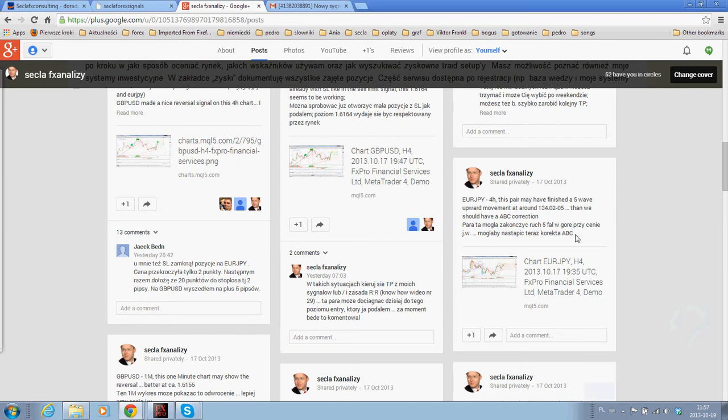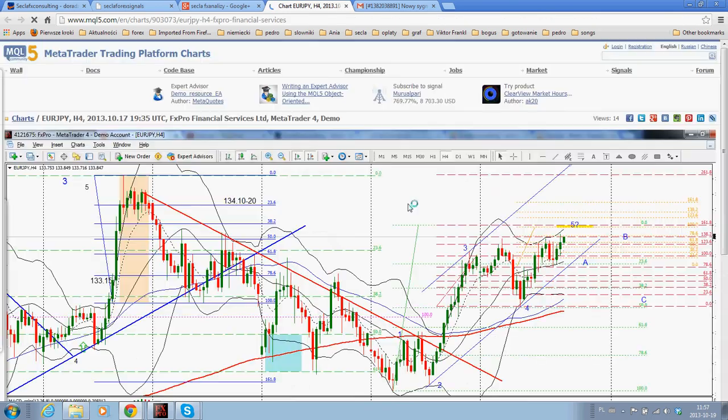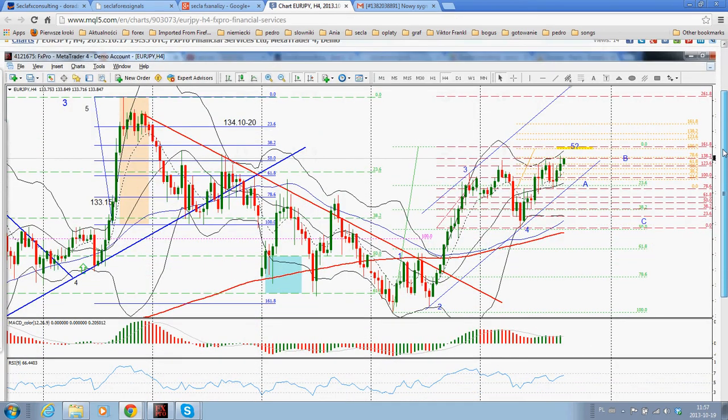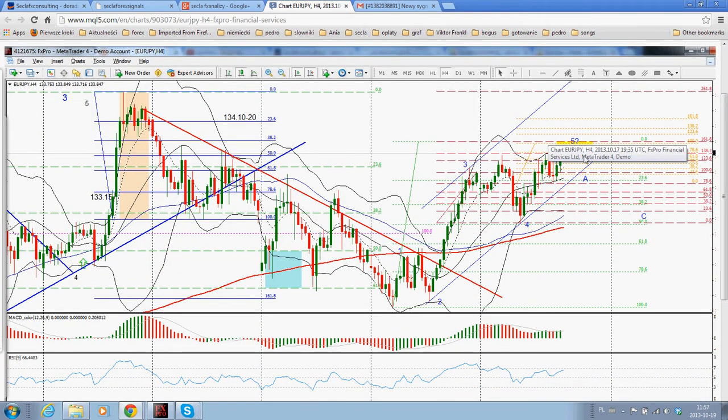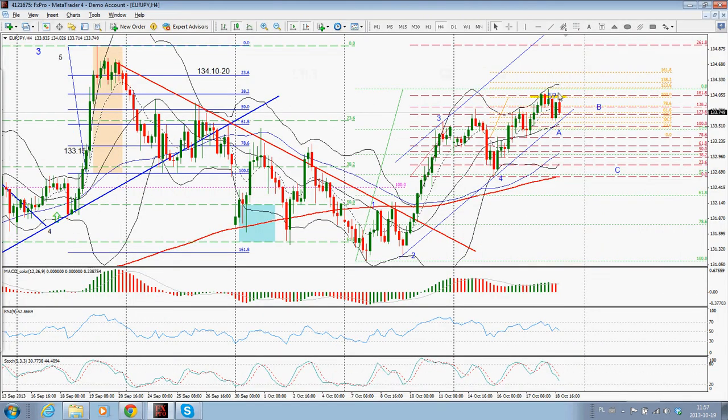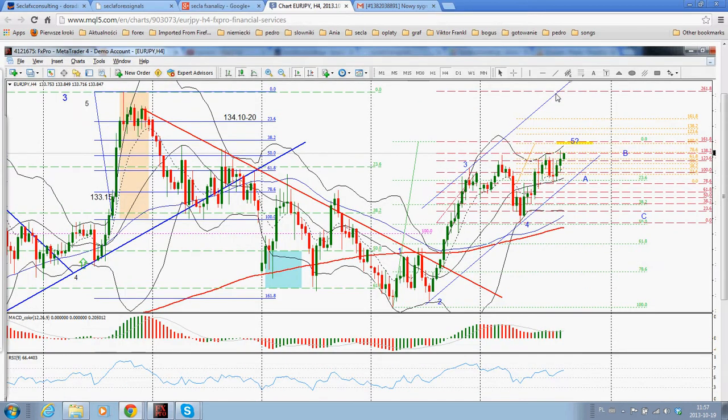And I said this upward movement may be finished, and I usually give you a chart, so you can prepare yourself for this move. And this developed as I said, and the market went to the downside. Yeah, so I had already some profits based on that.